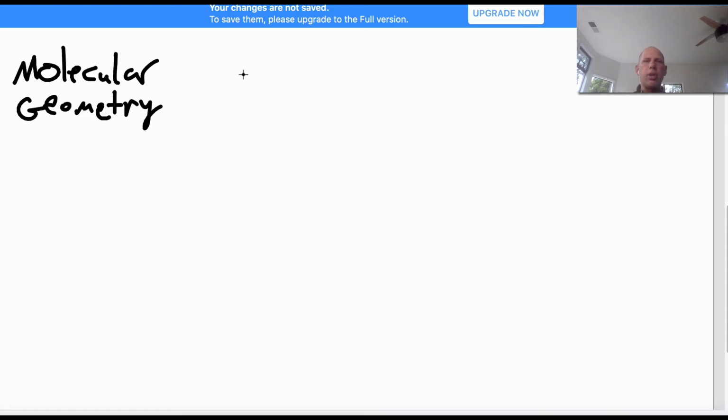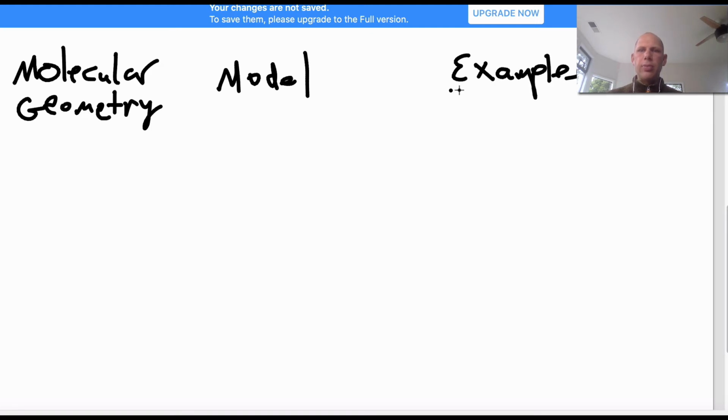And in this other column over here, we're going to call this model. So we're going to make a model of it. And in the final column, which we want to be kind of big, we want this to be examples. All right, so we're going to do this in red.